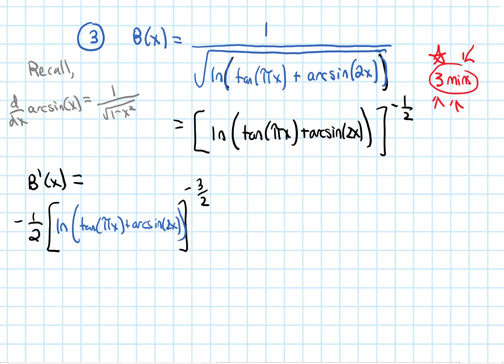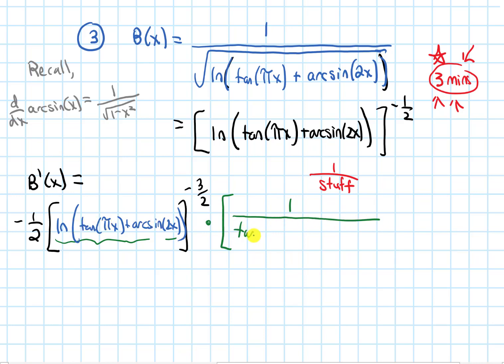Okay, and then the chain rule says, multiply that by the derivative of the inside of this whole ln thing. Now we know how to do the derivative of ln of some stuff. We're going to need another chain rule for that. It starts off with 1 over the stuff, which is going to be 1 over all of this stuff inside the ln.